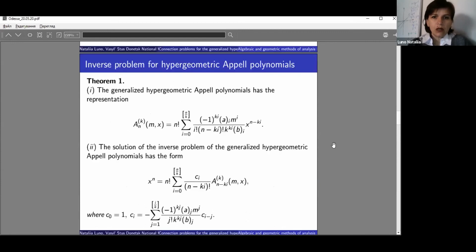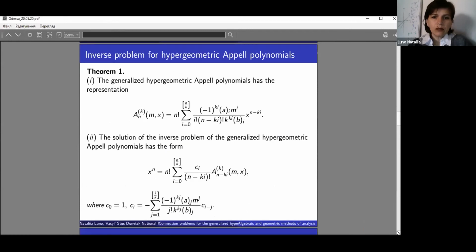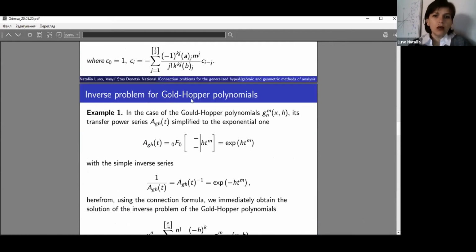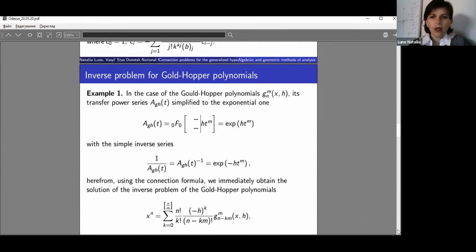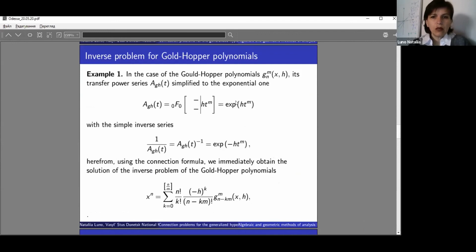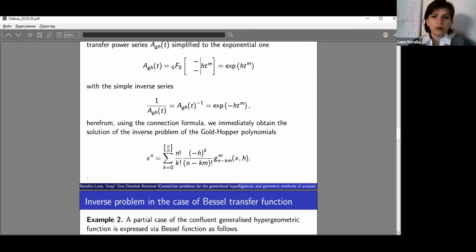It should be said that the generalized hypergeometric Appell polynomials are a generalization of the well-known Gould-Hopper polynomials. It is right to write it as here. The Gould-Hopper polynomials have a transfer function in the form of an exponential function, and as a sequence it has a simple inverse, the same exponential function just to a negative power.